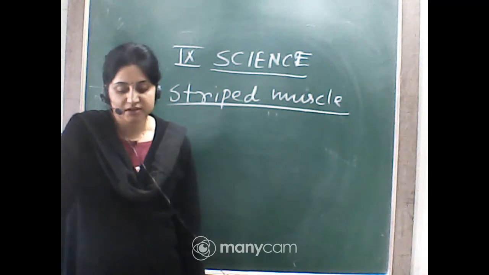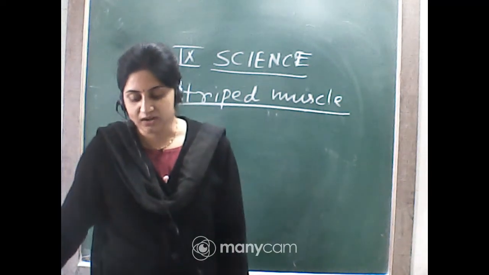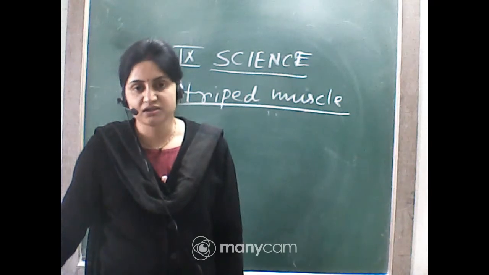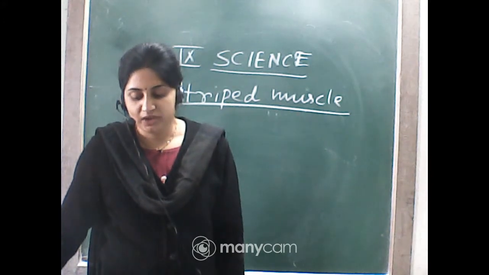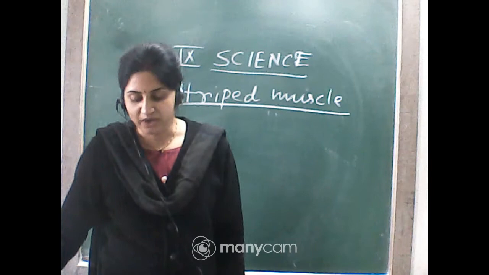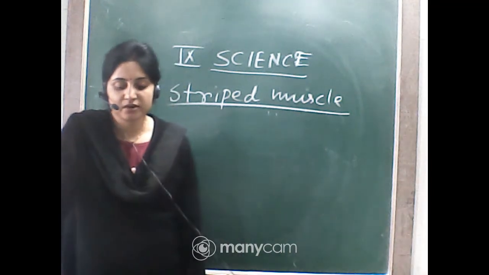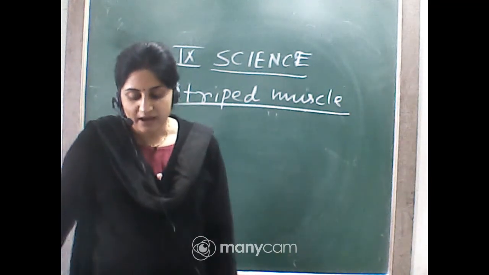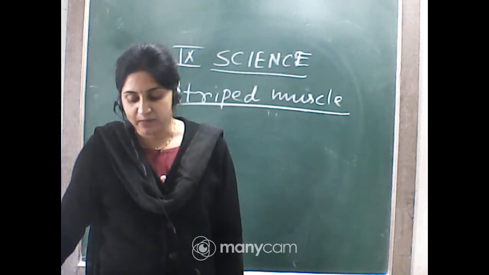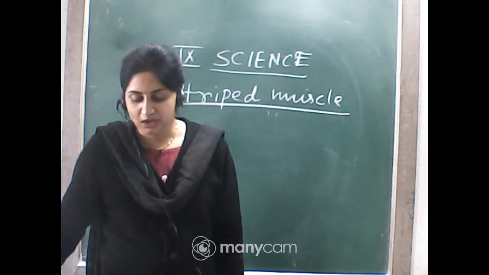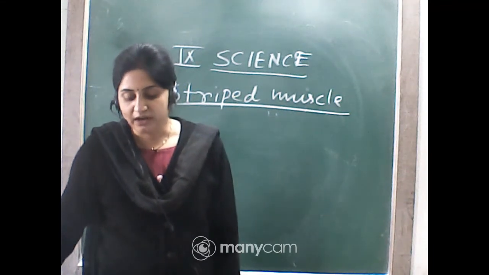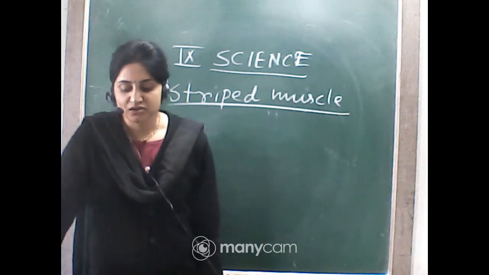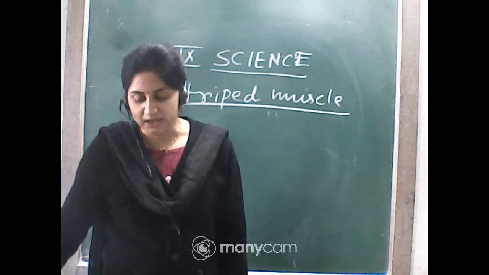Number 4, cytoplasm of muscle is called sarcoplasm, which consists of many myofibrils. Number 5, these muscle fibers have alternate dark and light bands, so they give a striated appearance.